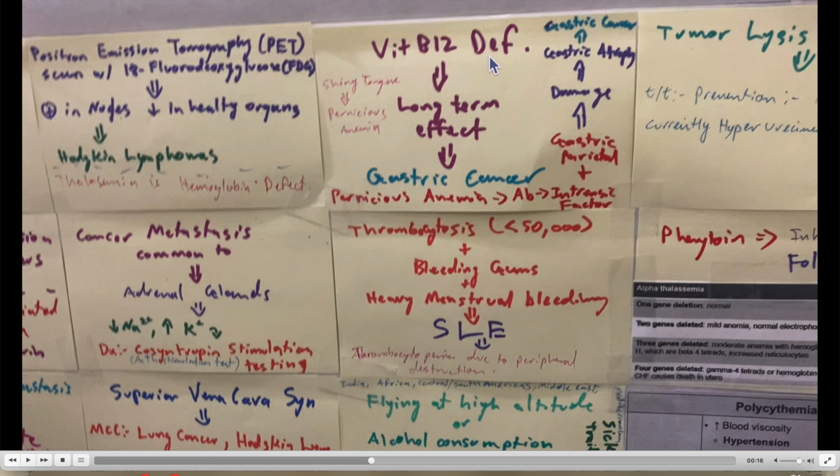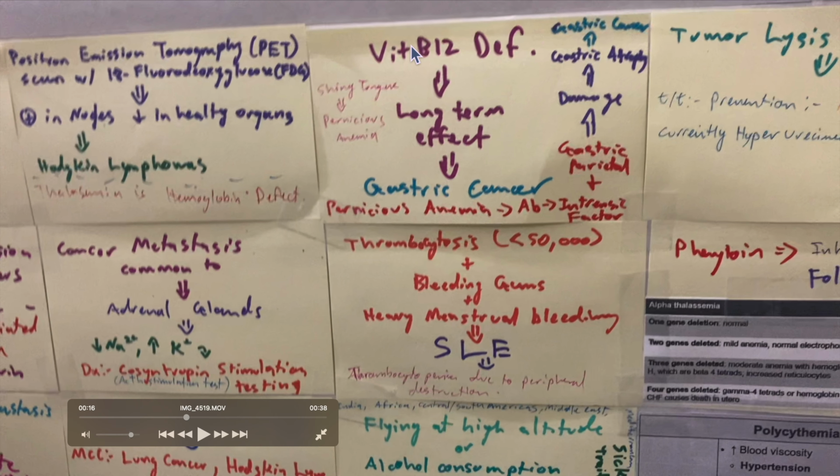Okay, vitamin B12 deficiency. So vitamin B12 deficiency, long-term effect, and gastric cancer. This will cause shiny tongue and pernicious anemia.